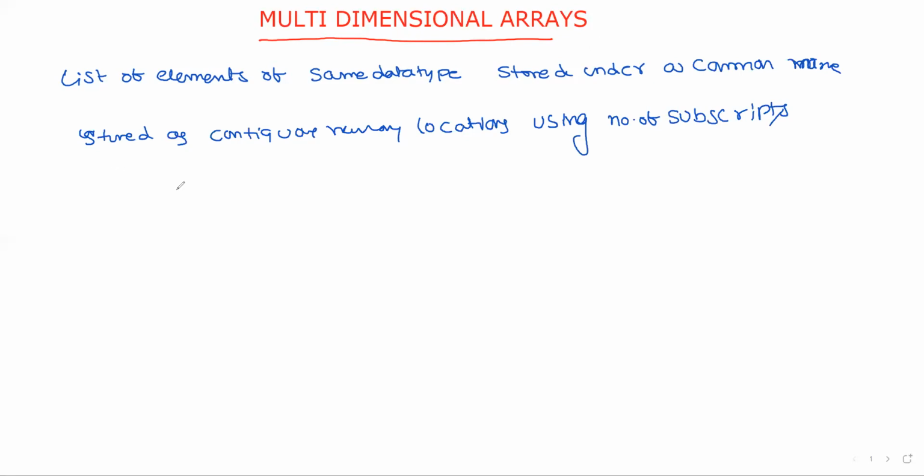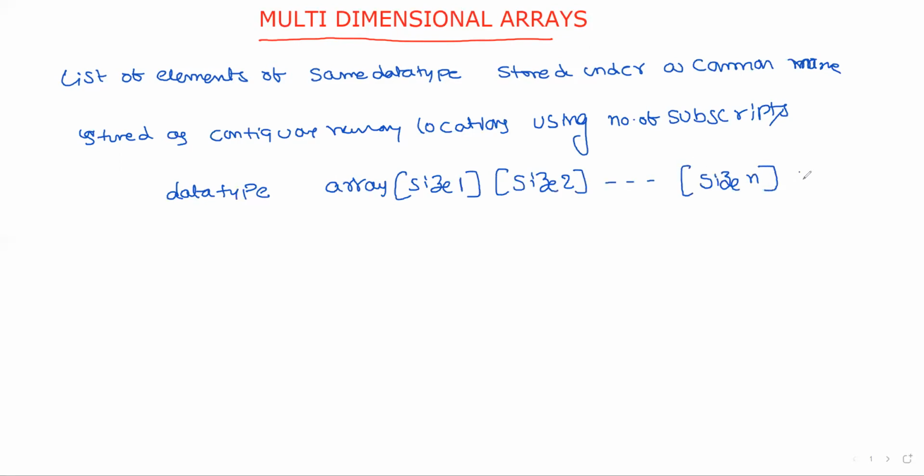So the syntax is simply data type followed by the name of the array. Within the subscripts you can write size 1, size 2, and so on, size n. Here you can select any number of dimensions.